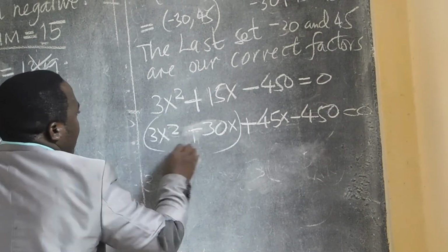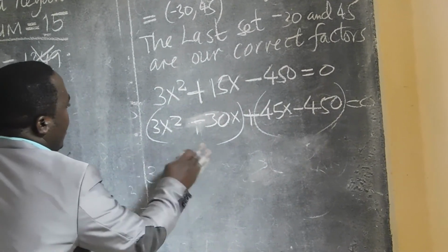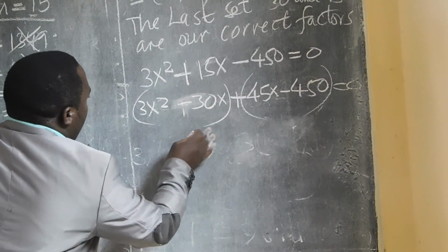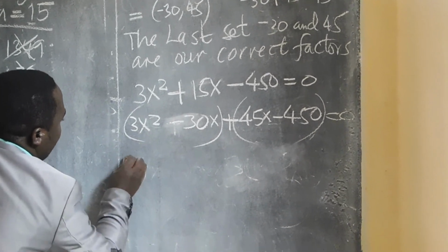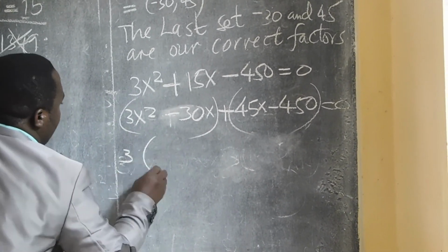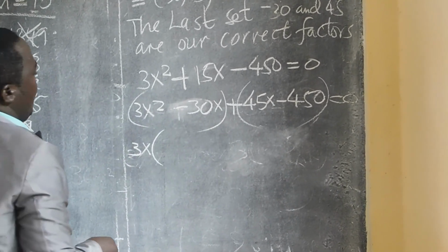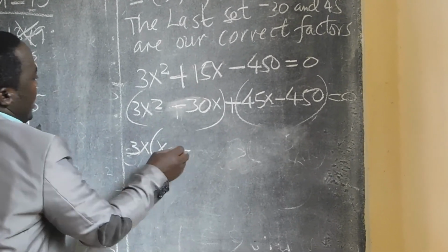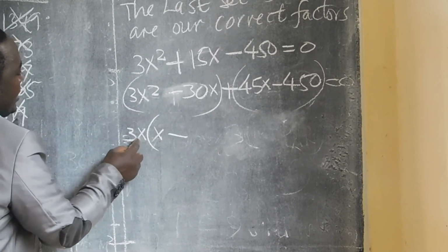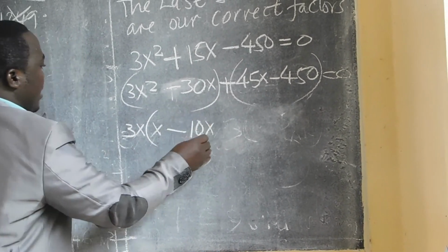So we now simplify. Here now we take out the factor of 3, and 30 is 3. Bracket 3 and x squared and x, we take out x. So here we take x minus the factor by 3x, 30 goes into by 10, x by 10.